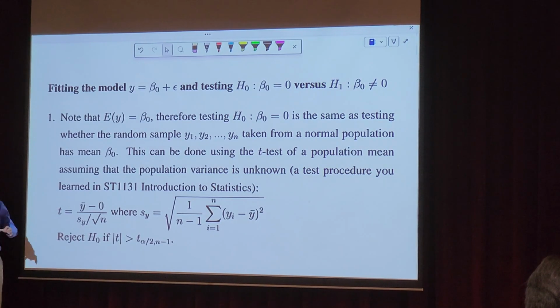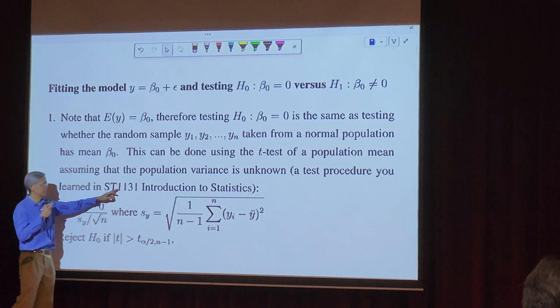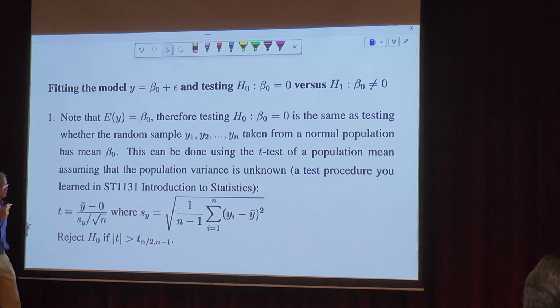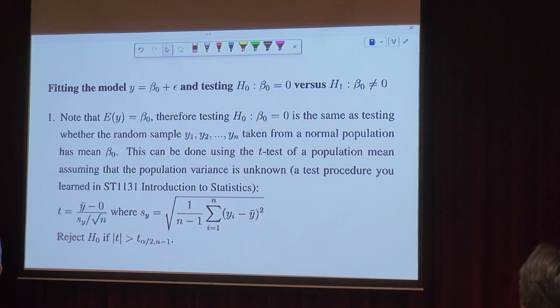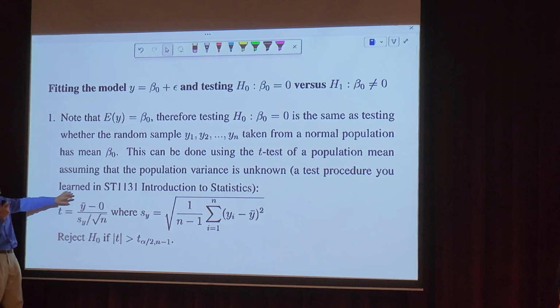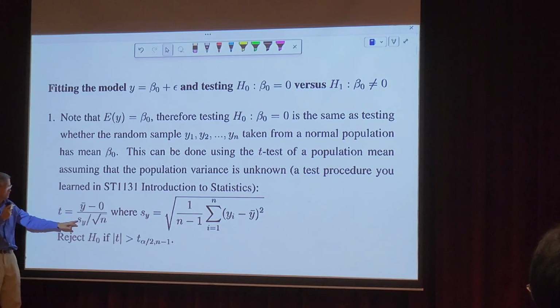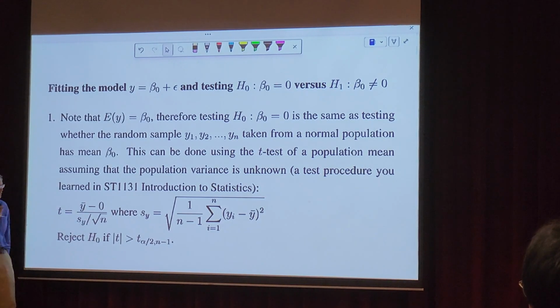Well, if you have a sample taken from a normal population, you learn how to do tests in the course called ST3131 Introduction to Statistics. You use a t-test. You use the sample mean minus 0, divided by the sample standard deviation divided by square root of n.